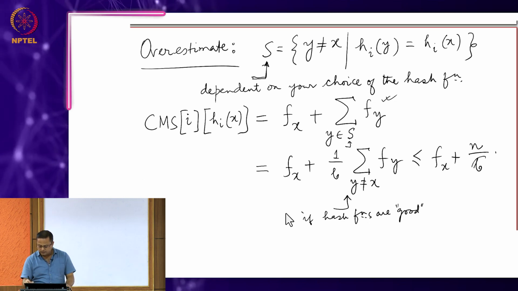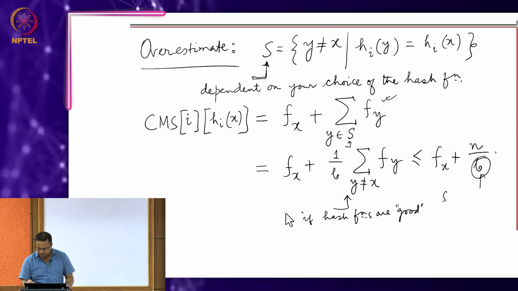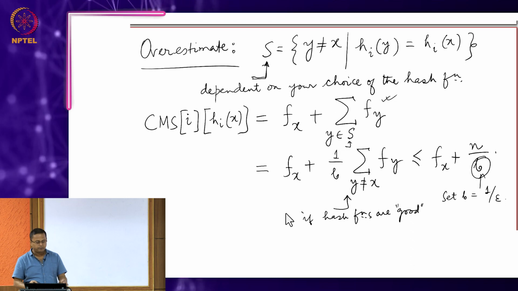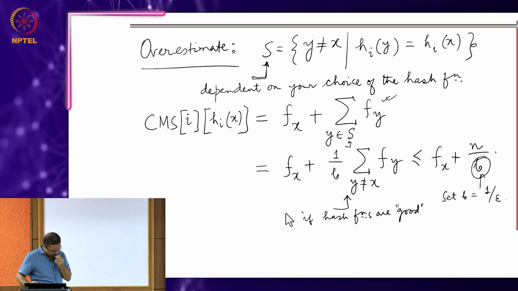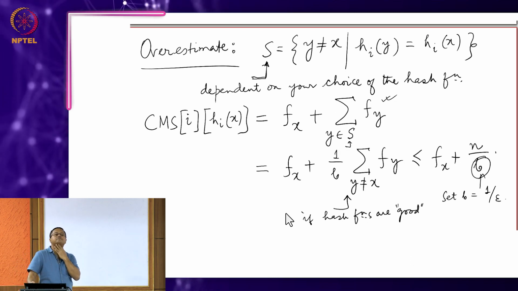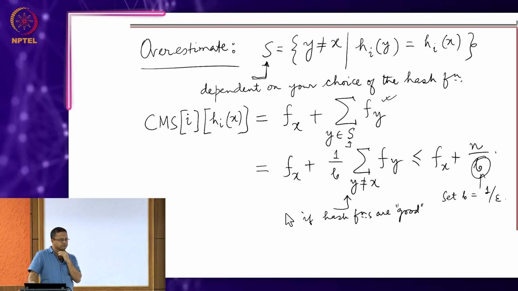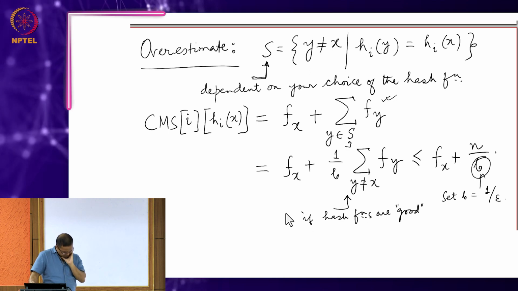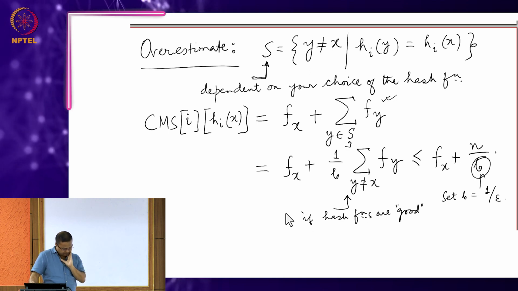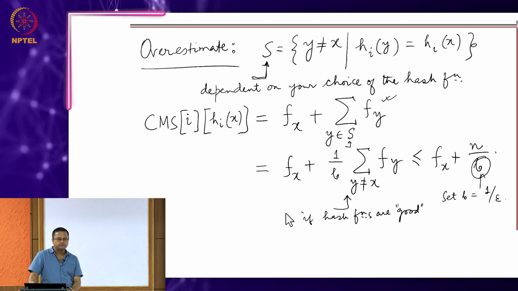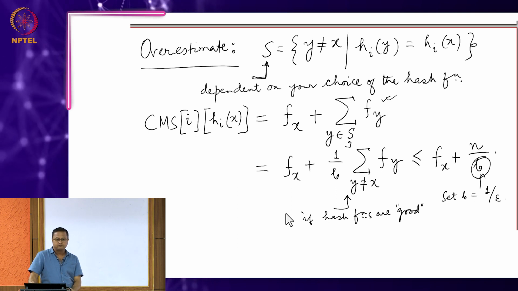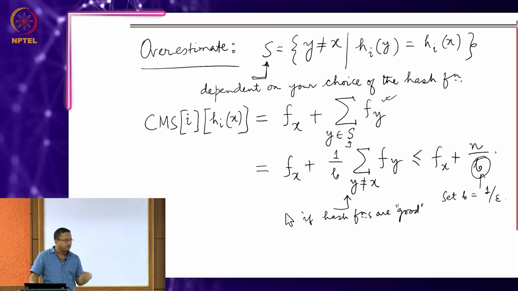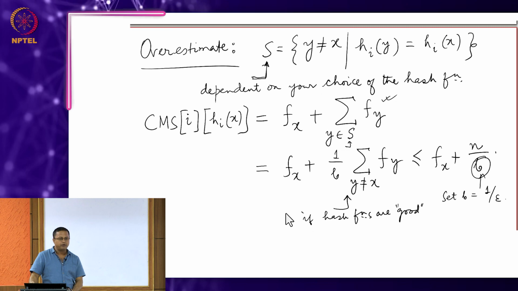Now, the trick is you set B to 1 by epsilon. So, you have now bounded your overestimate by Fx plus n by epsilon.